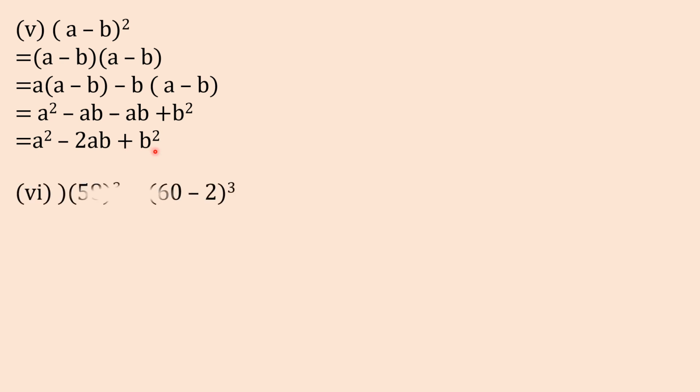Now students, moving to the next sum. 58 the whole cube. I'll expand this number as (60 minus 2) the whole cube. So we'll use the formula (a minus b) the whole cube, which will become a cube minus 3a square b plus 3ab square minus b cube.